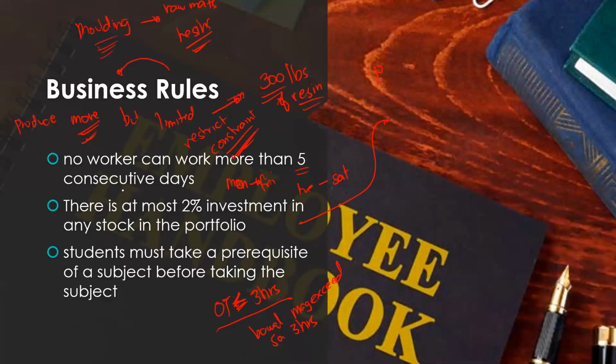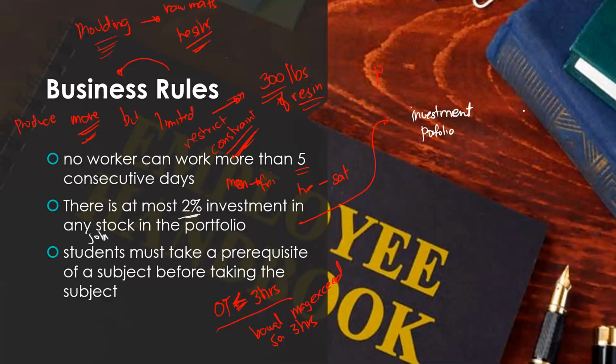Let's say for example, 2% investment in Jollibee. The requirement is that your investment is at most 2% in Jollibee. How do we put that in an equation?